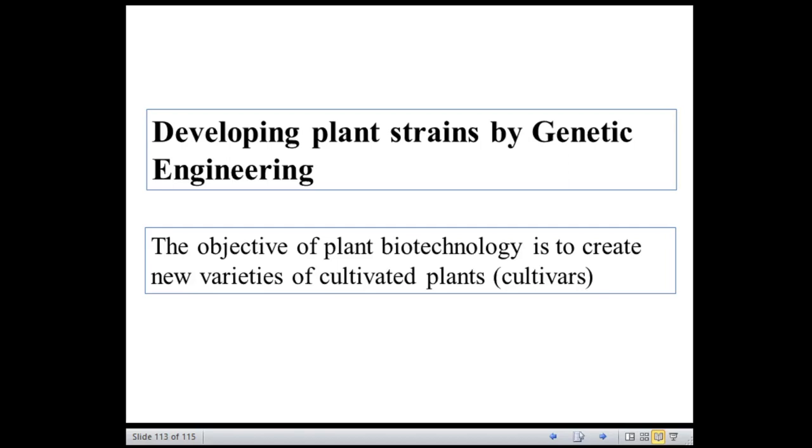And the second strategy uses genes for protease inhibitors that have been shown to be effective against a wide variety of insects. Their presence restricts the ability of insects to digest the food, that is the plants themselves, by interfering with the hydrolysis of plant proteins, causing these insects to feed less.